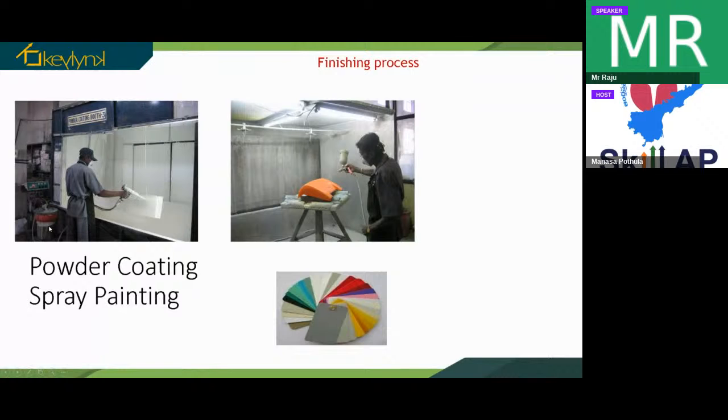Here, the powder will be taken in a slurry form, a paint kind of structure, not so liquid or not so solid, and it is sprayed with a spray gun on the sheet metal product that we have prepared. The other kind of finishing process is spray painting. Here also the paint is sprayed on the finished product. There is a variety of colors that you can choose from the spray.